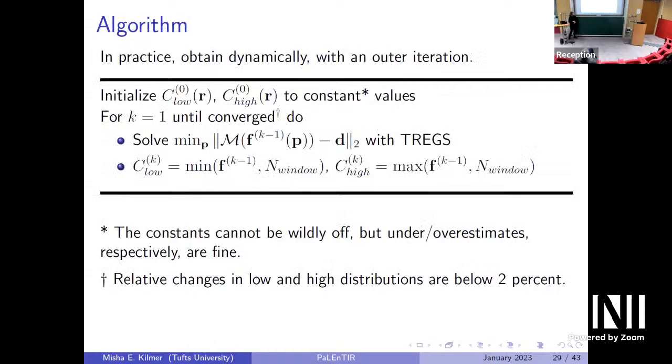So in practice, we're going to dynamically do this, right? We're going to start with some estimate of what the highest and the lowest values are, constant images. We solve for this thing with this trust region regularized Newton approach.